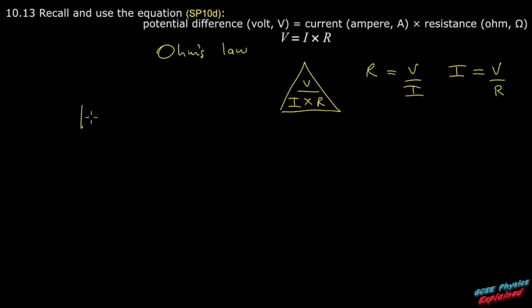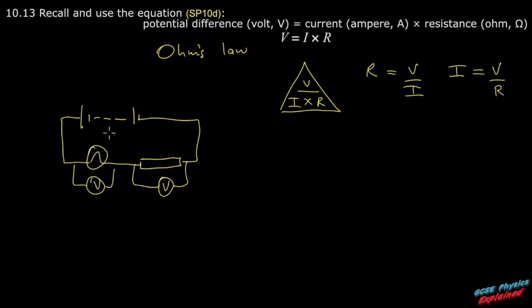Now often, there can be a couple of voltages. So if we say that this voltage here is 6 volts, and this voltage here is 2 volts, and this voltage here is 4 volts, and if it says that the current is 2 amps, if you wanted to get the resistance of the bulb, make sure you're using the voltage on the bulb, not the voltage of the entire supply.